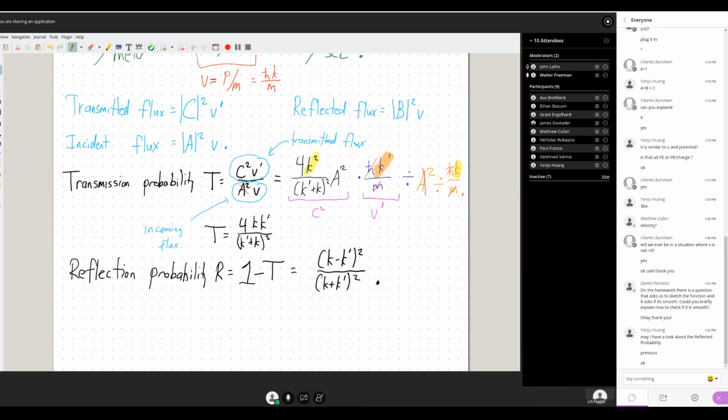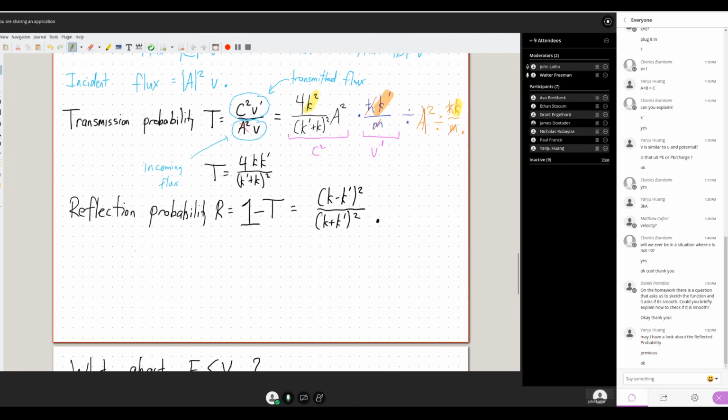It turns out it's just sort of tricks: you know that the reflected probability has got to be 1 minus the transmitted probability, because every particle has either got to bounce off or go through. So if you write 1 minus 4k k prime over (k prime plus k) squared, and you get a common denominator and cancel terms, the thing on the right is what you get.